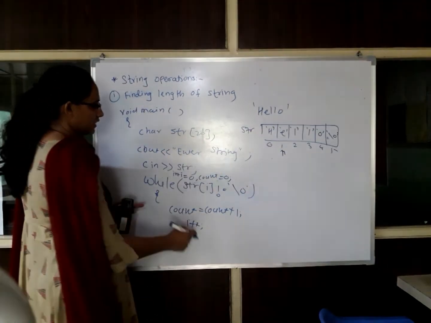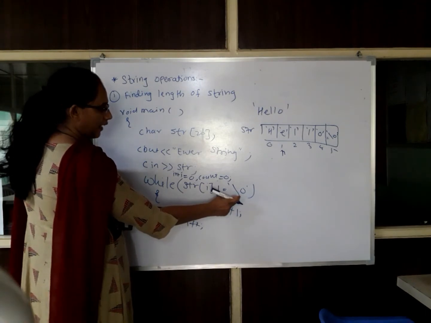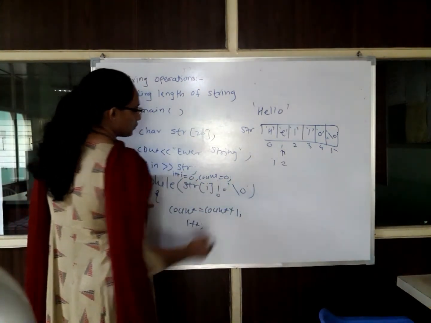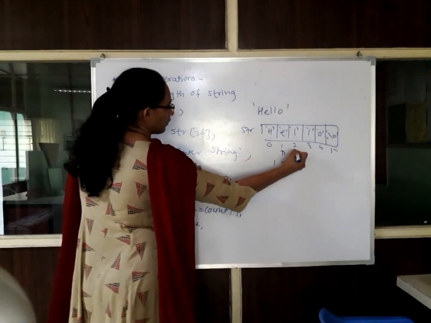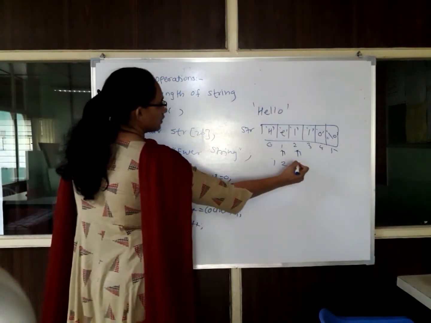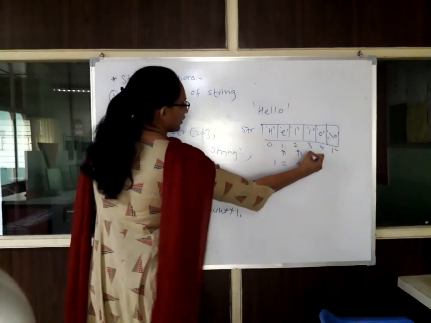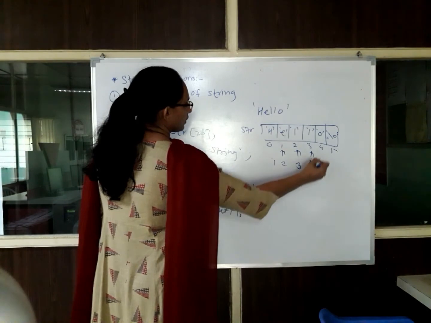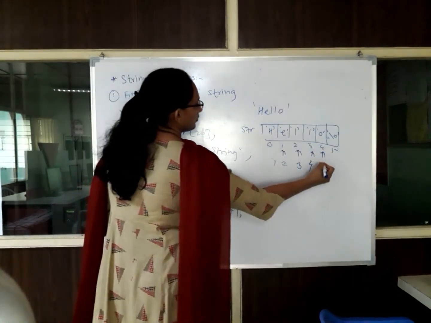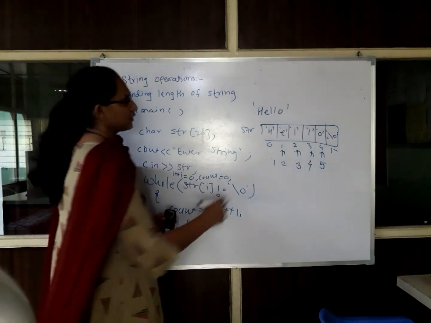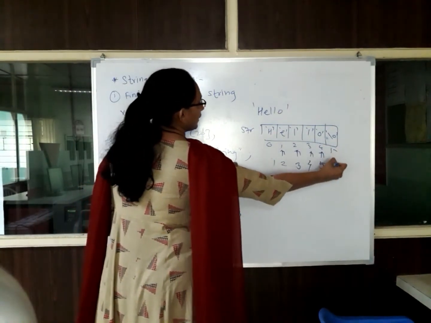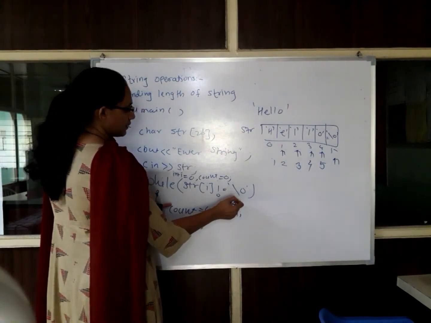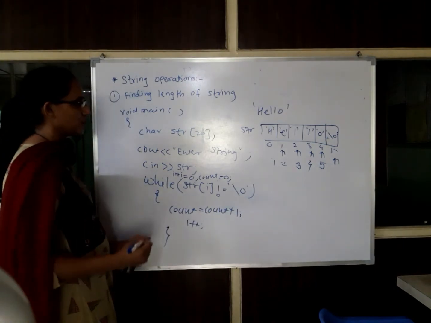When the next character is E, which is not equal to the null character, it will again go in the loop and increment the counter. So now the counter value is 2. Then increment I. Now I is at 2. Again it is not equal to null, so increment count, and then increment I. Now L is not equal to null, so increment counter and increment I. Now O is not a null character, so increment count and increment I. Now here str of 5 is equal to null, which means this condition is false, so it will exit from the loop.